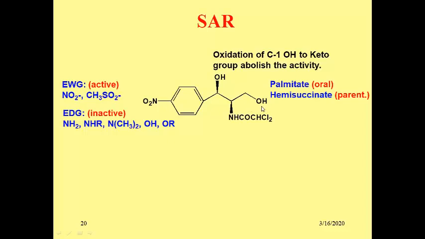Esterification of the primary alcohol results in palmitate, which is water insoluble and used orally, or parenteral if we make the hemisuccinate ester product. We can also produce a phosphate ester.